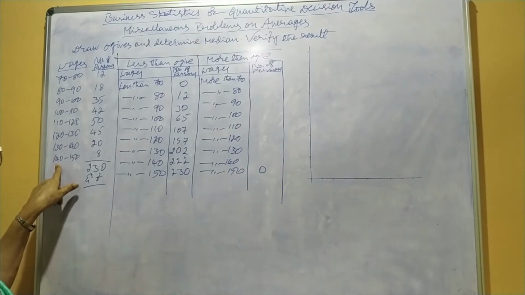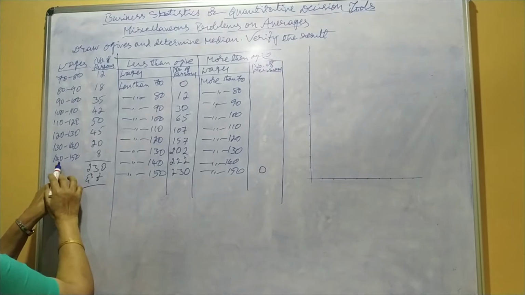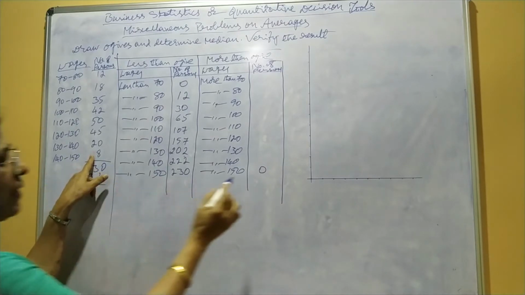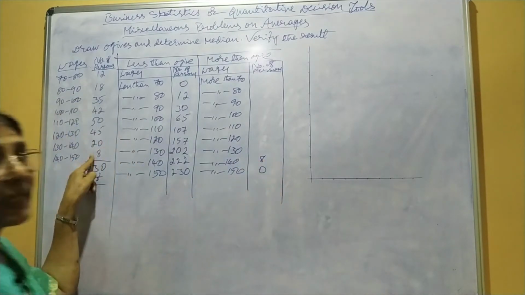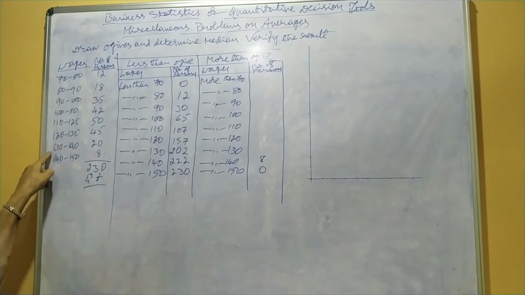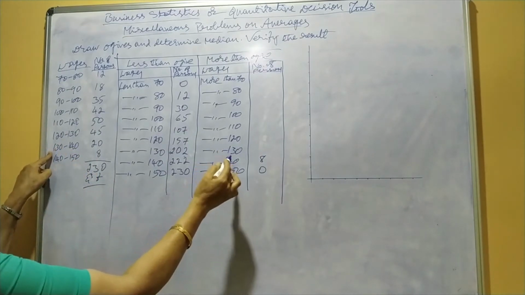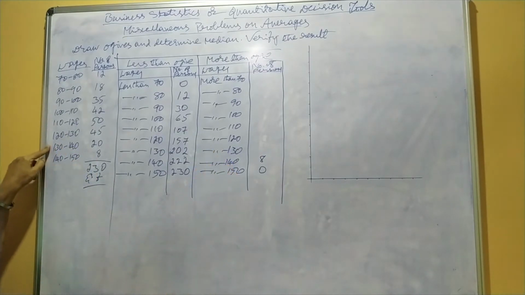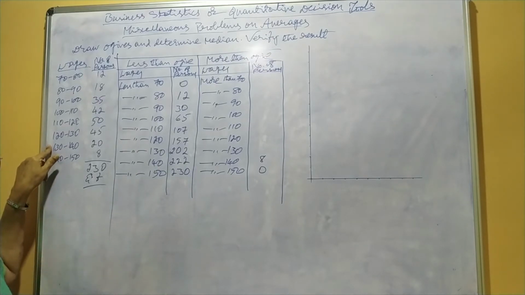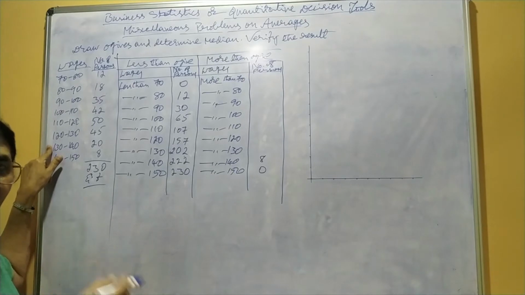More than 140 but less than 150, how many persons are there? 8. Then more than 130, that means it includes more than 130, even more than 140.